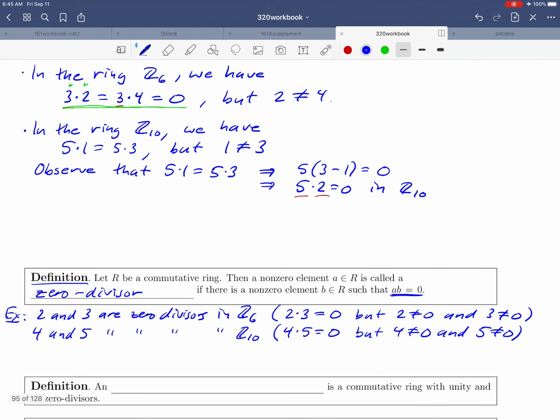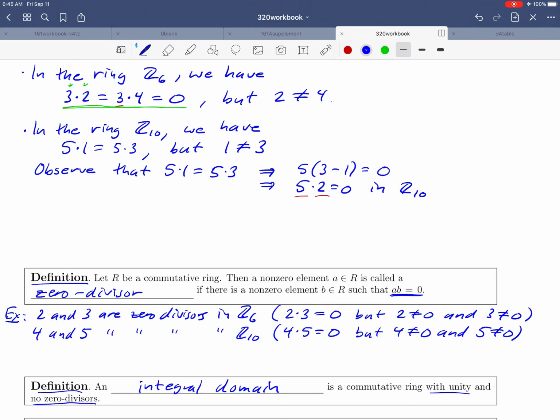With that definition, we are ready to define integral domain. That's the new definition that we mentioned at the very beginning of this video. An integral domain is a commutative ring with unity and no zero divisors. The thinking behind this definition is that having zero divisors is kind of strange.